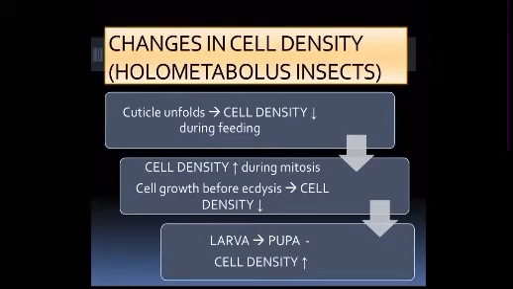Then when cell growth occurs before ecdysis, as the cells take up more space due to enlargement, cell density decreases and the number of cells per unit area decreases. At the larval to pupal molt, the larval phase shortens due to rearrangement of the cells, which causes an increase in the cell density.